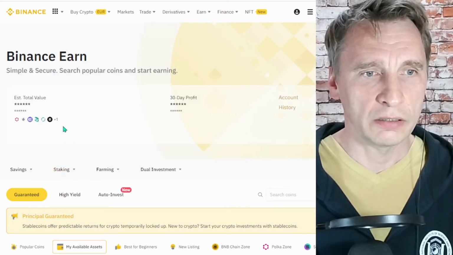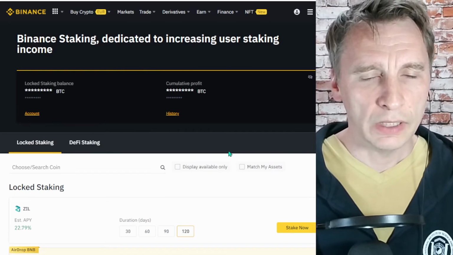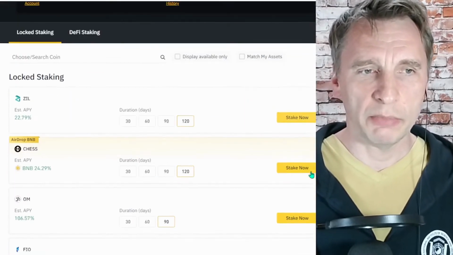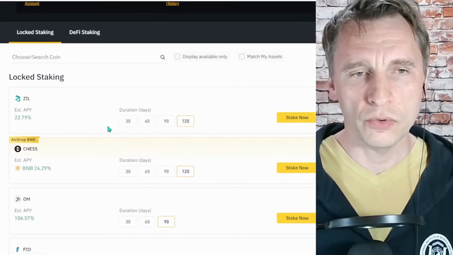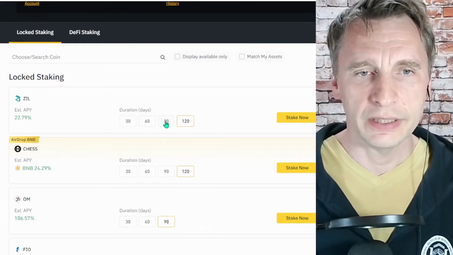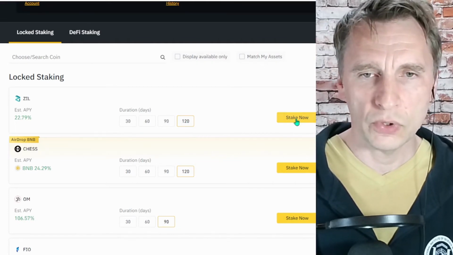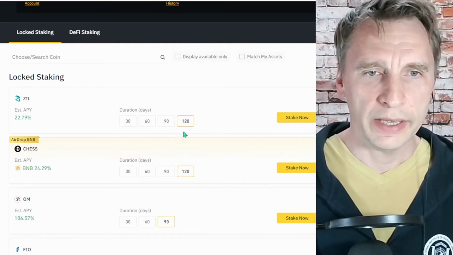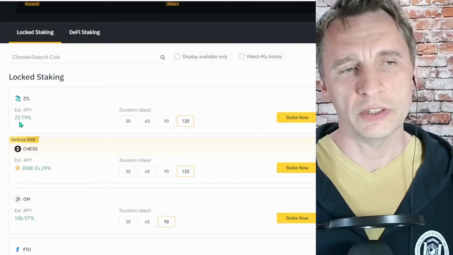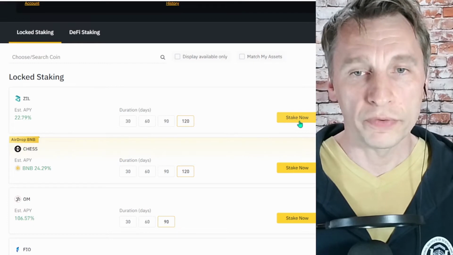Locked staking. Okay, locked staking. You will receive the same list, and the difference with locked staking is that you will need to stake your tokens for a duration of 30, 60, 90, or 120 days. So if you go, for example, into Zilliqa, at 120 days lockup, you will receive 22.79% annual percentage yield over the year.